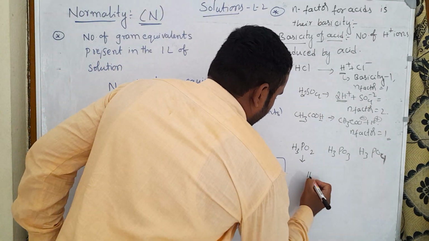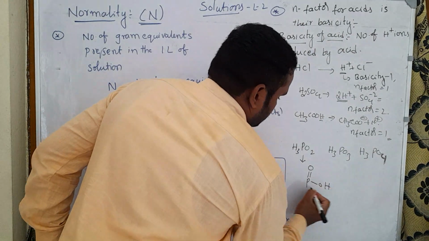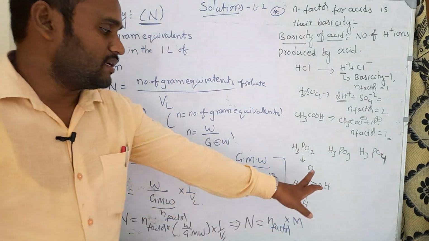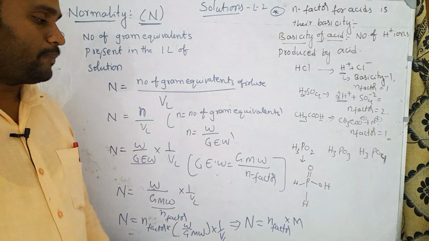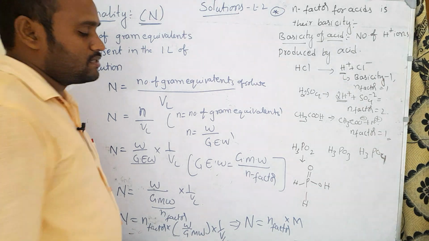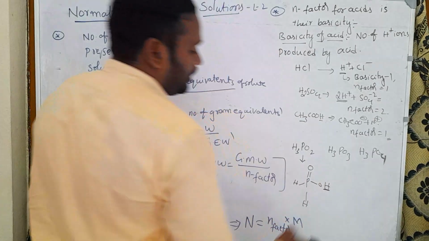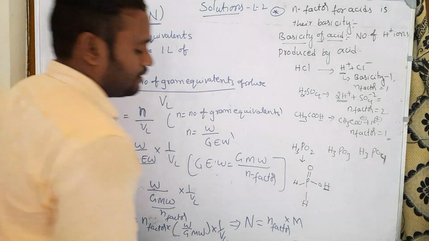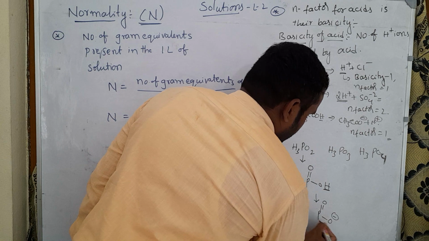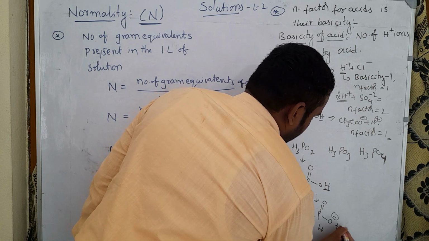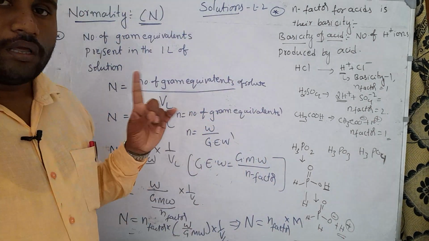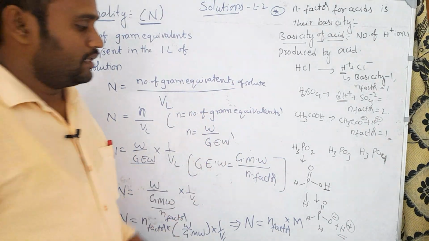Its structure is like this. 2 hydrogens are directly connected to the phosphorus, so these are not replaceable. They are not going to come out as H plus ions. But the hydrogen connected to oxygen comes out as the H plus ion, producing P double bond O minus and H plus. So it is producing only 1 H plus ion.